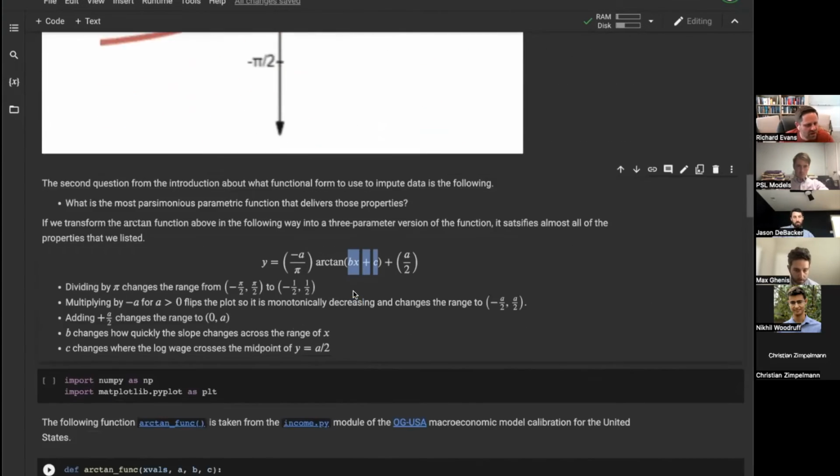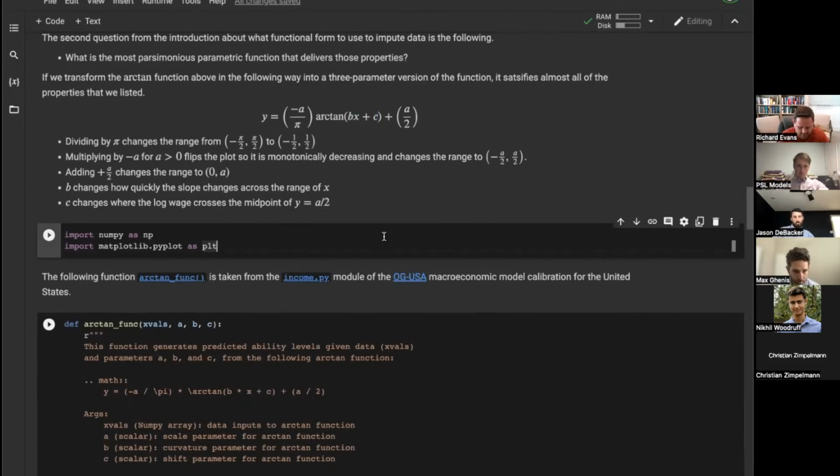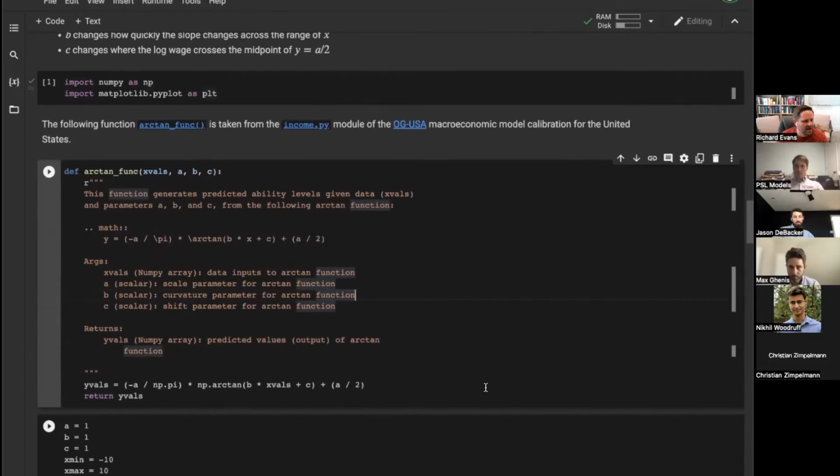And so here's some code that does this. I'm importing NumPy and Matplotlib. I am executing this function, putting it into memory. This function, arc10_func, is taken directly from the income.py module in OGUSA, and I have links to those.